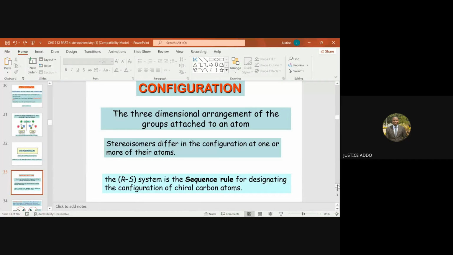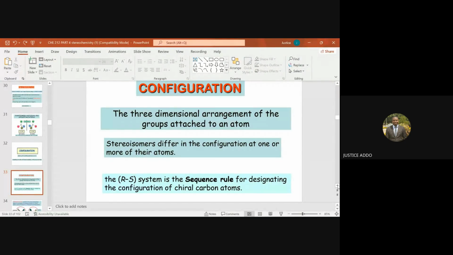The RS system is a sequence rule for designating the configuration of chiral carbon atoms. So anytime you are able to identify a chiral carbon, a chiral center, a stereogenic center, then around that center, you should be able to indicate the configuration there, whether it is R or it is what?